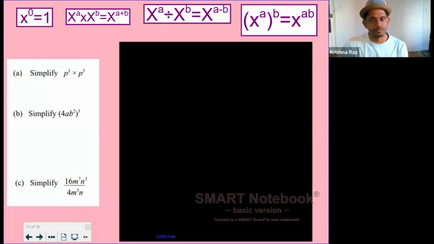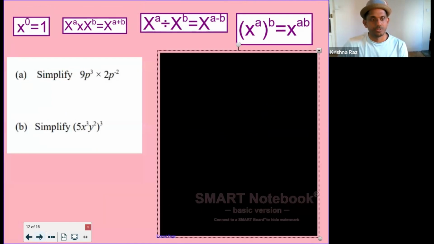Excellent. Have I got any more? We do. I have a few more. In this one, we're going to just consider these bits separately. So we have 9 times 2 and p to the 3 plus minus 2.